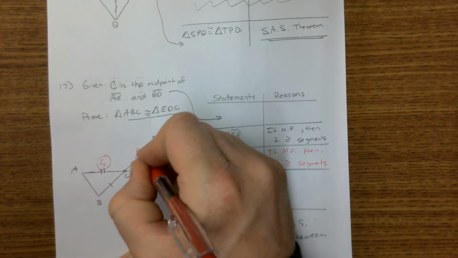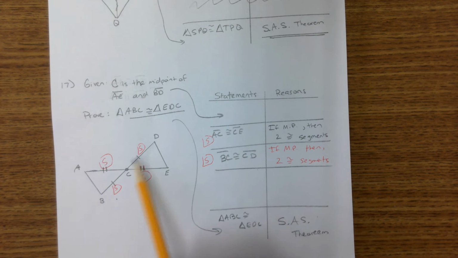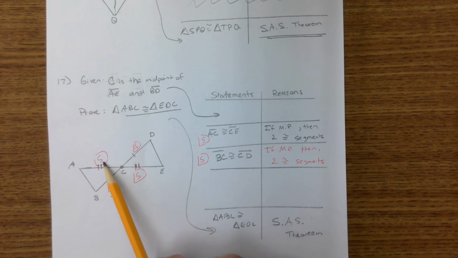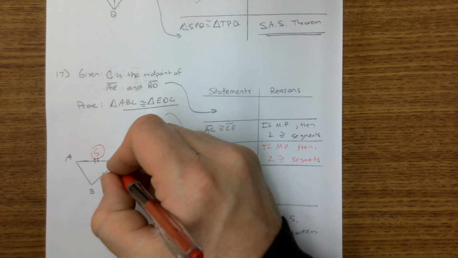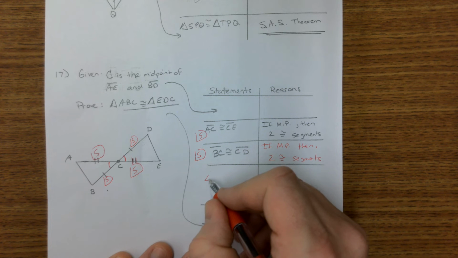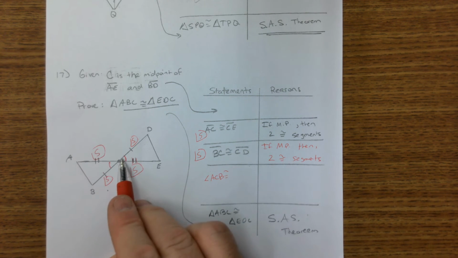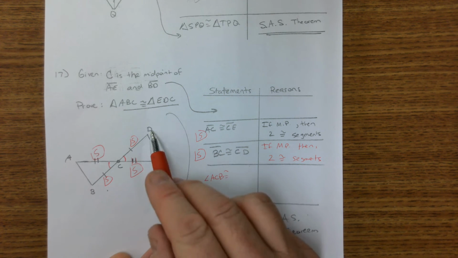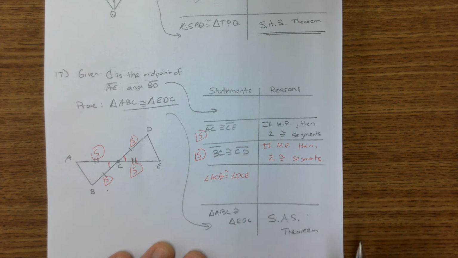All right. Take a look at what I have. I have two triangles, triangle 1, triangle 2. I have this side congruent here and this side congruent here, so I have two sides and two sides. Now all I need is an angle in the middle. All I need is this one to be the same as that one. All I need is angle ACB, A to C to B, to be the same as D to C to E. Well, are they congruent?